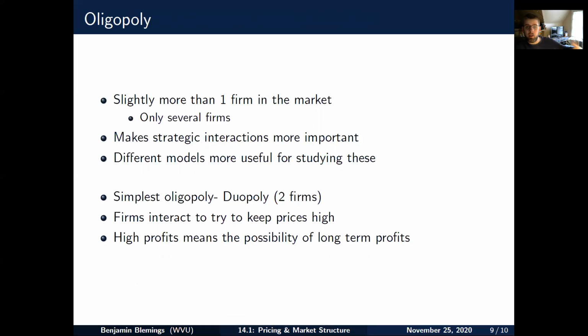Now, if there's lots of periods to that game, then it doesn't make as much sense to undercut your other firms in the oligopoly market's prices. And so these higher profits due to these price markups means that these firms can possibly earn long-run profits. They just have to enforce cooperation somehow. And so I'll talk more about that.